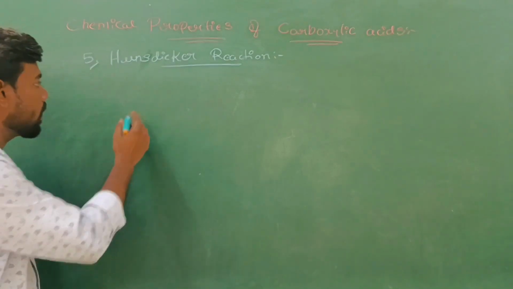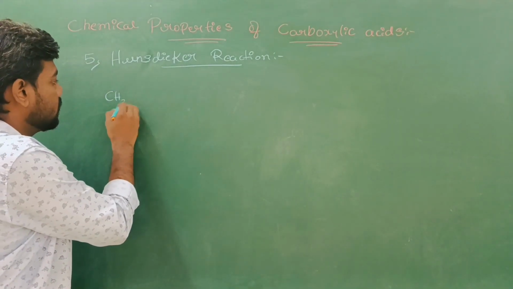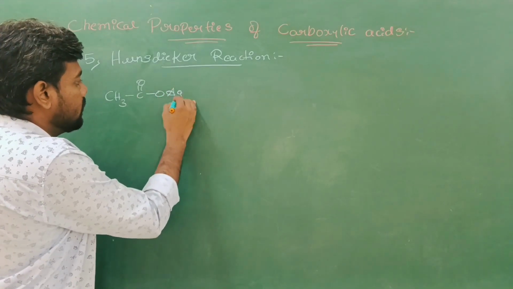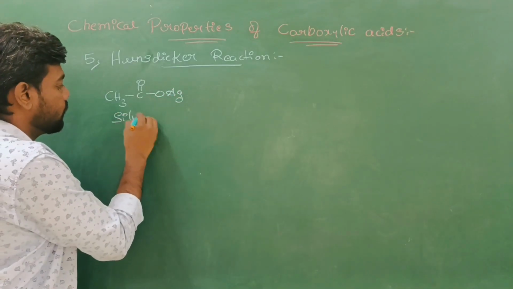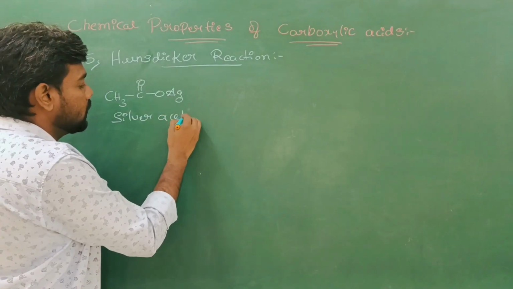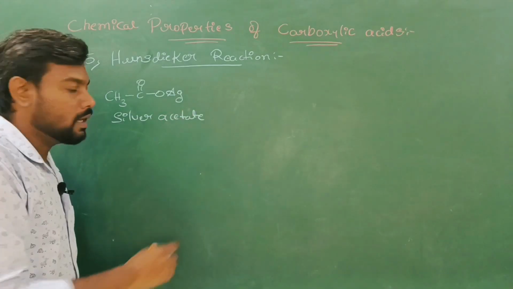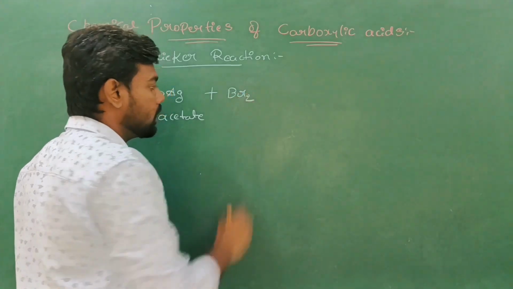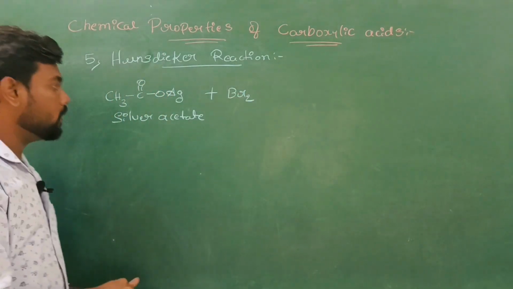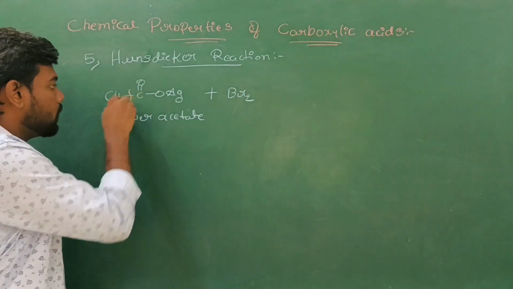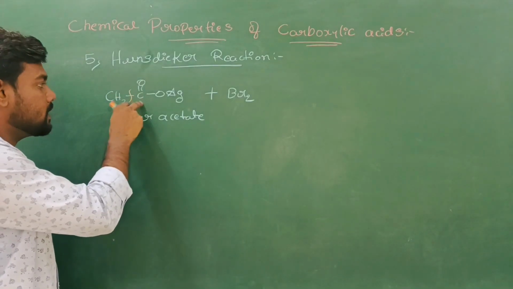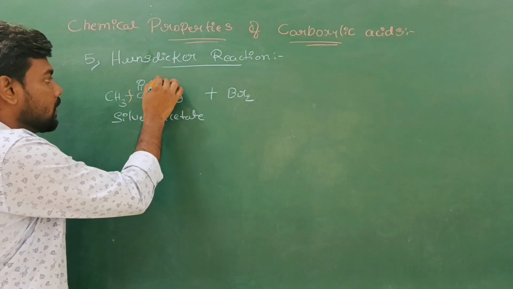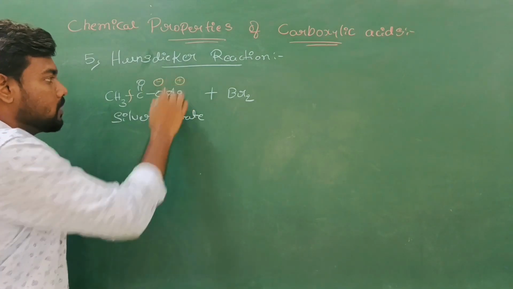For example, silver acetate reacts with bromine. There will be a bond break between CH3 and C, and here also there will be a bond break, where one carries a negative charge and the other a positive charge.